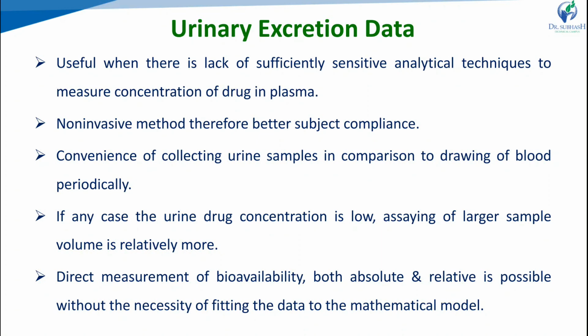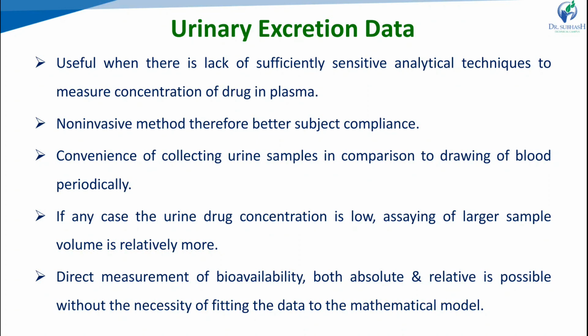This method is non-invasive, therefore there is better patient or subject compliance as compared to plasma samples, where we require blood samples at intervals. The method is more convenient, collecting urine compared to periodically withdrawing blood. Since the urine drug concentration is high, only a small sample volume is required, and a small amount of drug present in the urine lets us identify the concentrations.